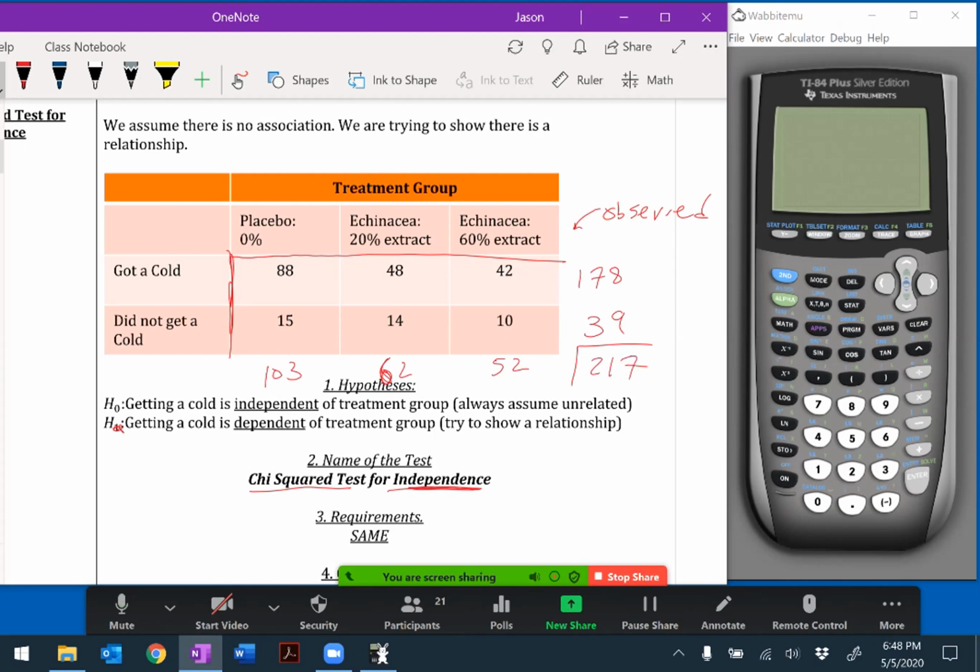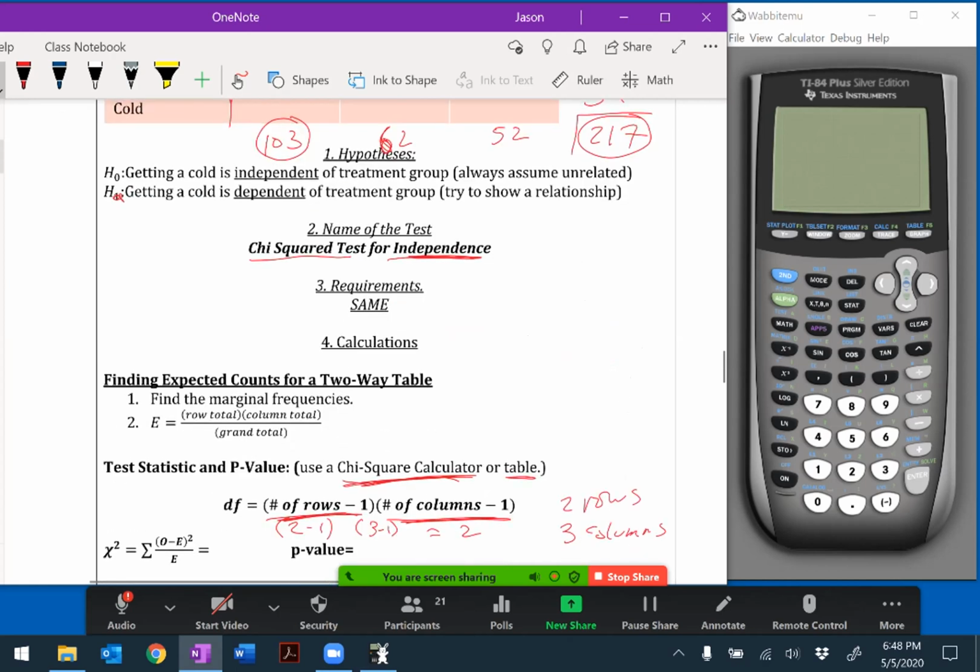So now here's how I get my expected counts. I take my row and I take my column and I multiply those two numbers together and divide by my total. Take the row number times the column number and divide by the total. The expected counts are the row total times the column total over the grand total.